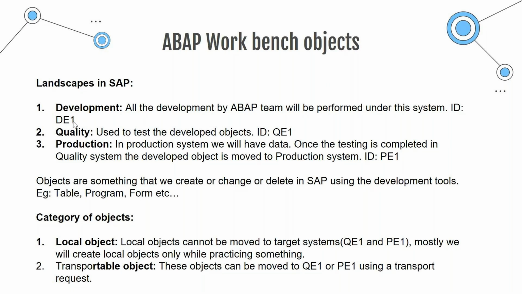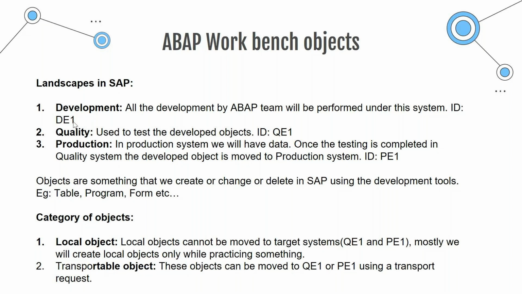No other functional team or technical team will have that sort of skill. So people are afraid to give such elevated access to an ABAP team because people might misuse it in the production system. That is the reason we will not get much access in production system.